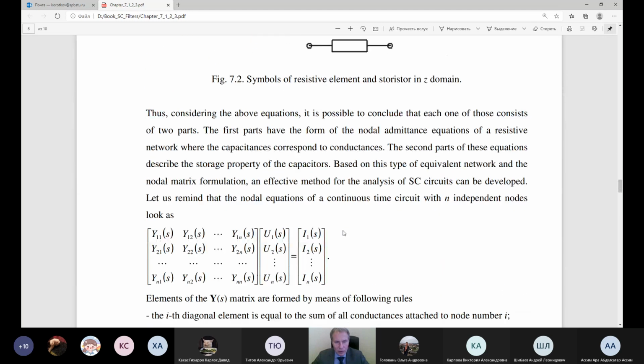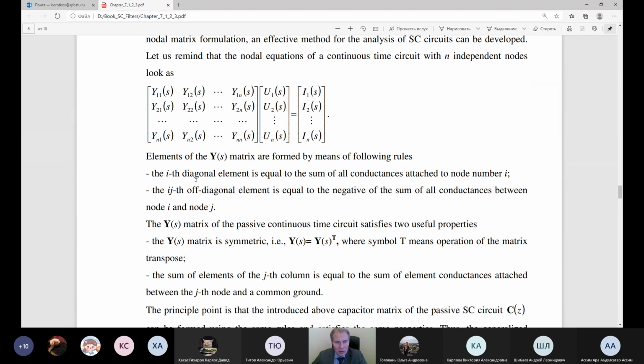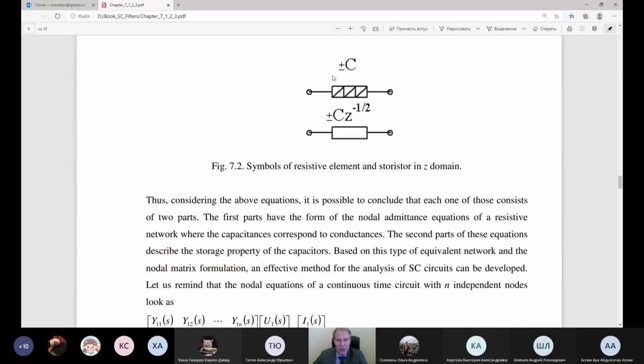So look, we can consider the charge voltage equations in accordance with this notation, в соответствии с этим обозначением, where Y corresponds to the conductance of each element. And it is possible to say that the Y elements will be considered as a resistive element or as a staristor.